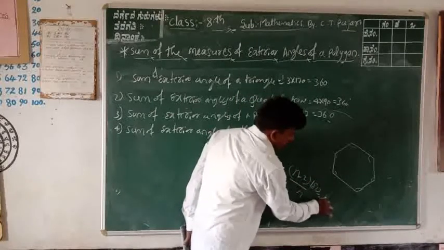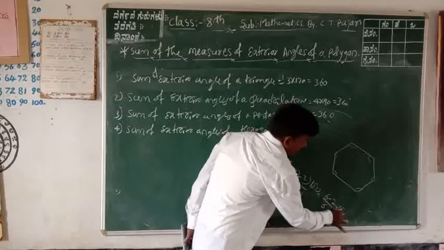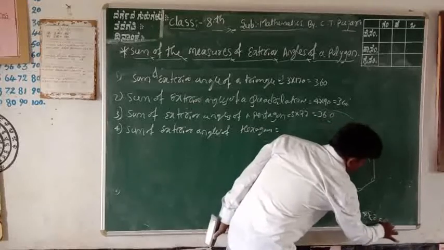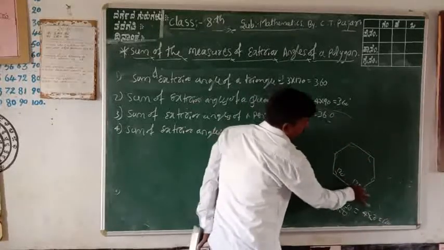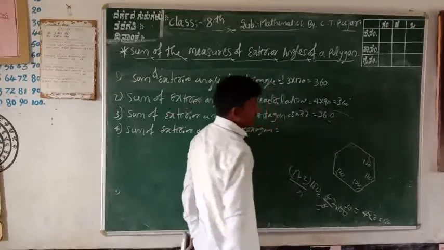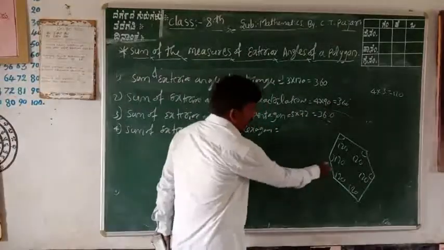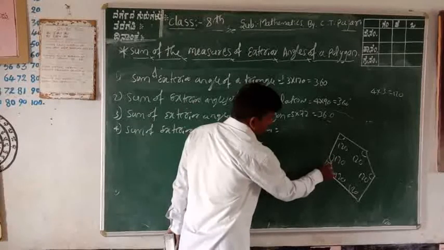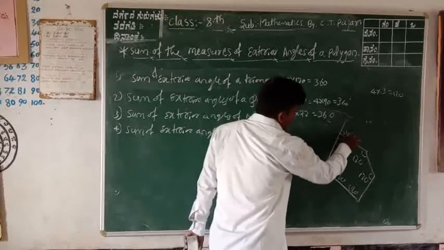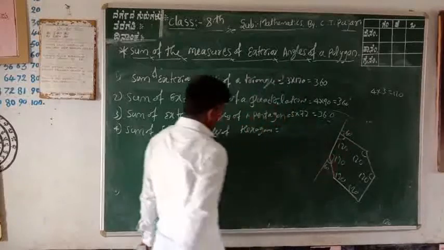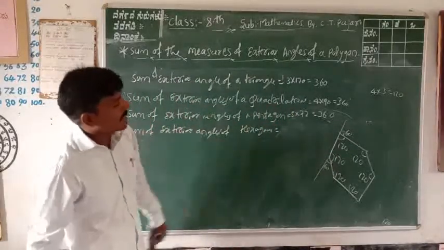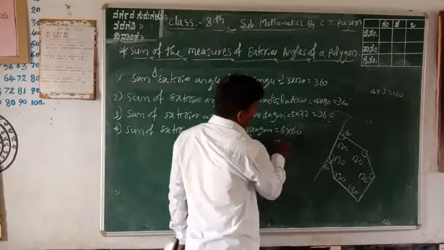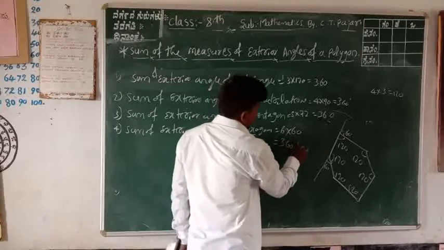The sides are 6, so 6 minus 2 divided by 6 into 180 degrees. 6 into 30 gives 4 into 30, which is 120 degrees. Each interior angle is 120 degrees, so each exterior angle is 60. Therefore, the sum of the exterior angles of the hexagon: 6 angles, 6 into 60 is 360 degrees.